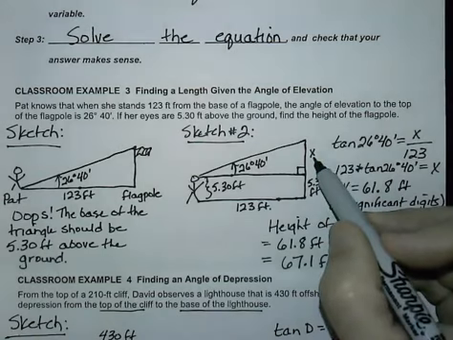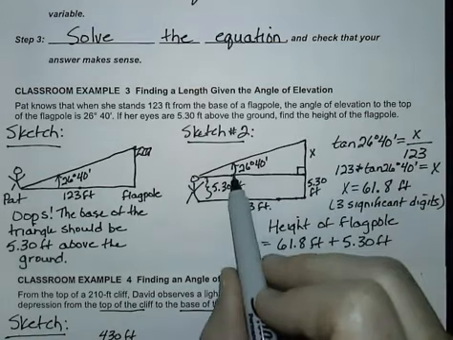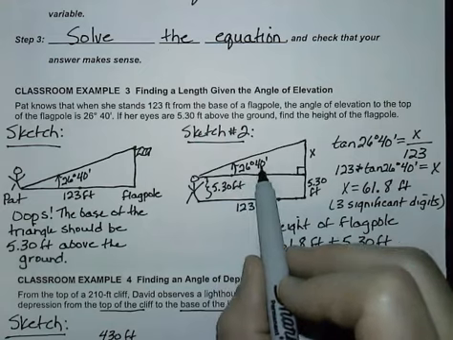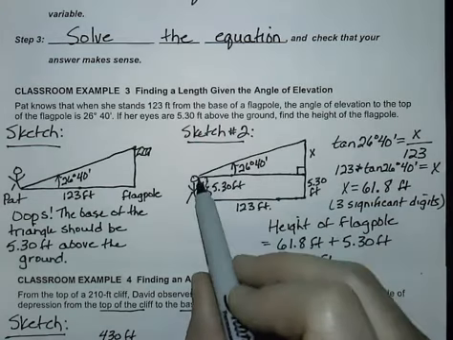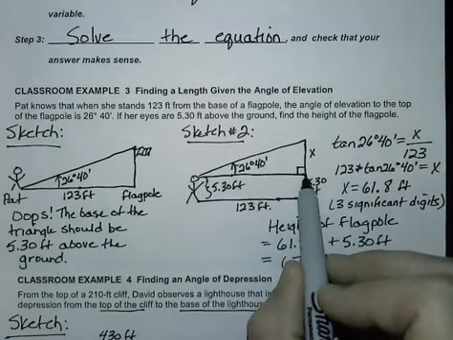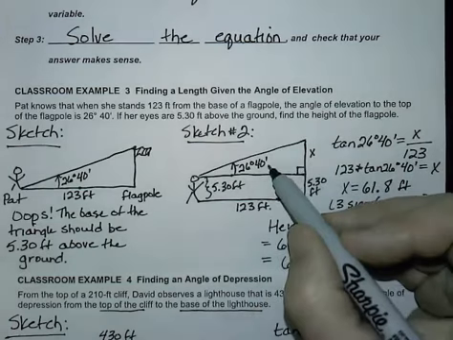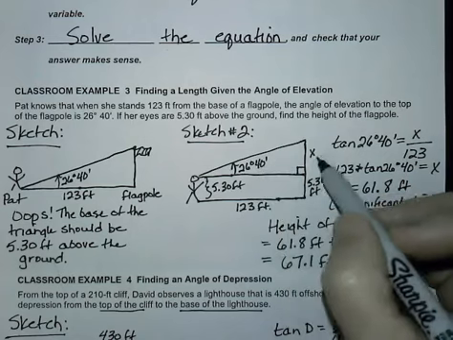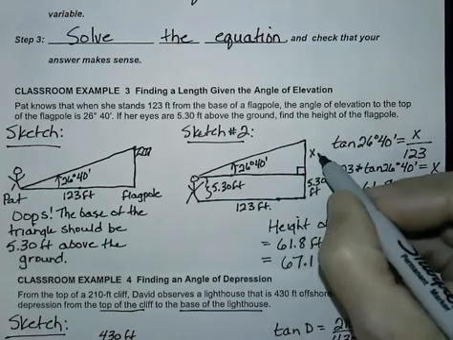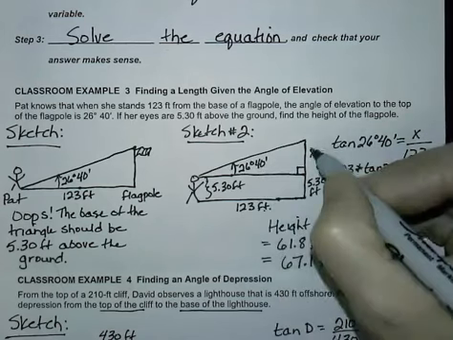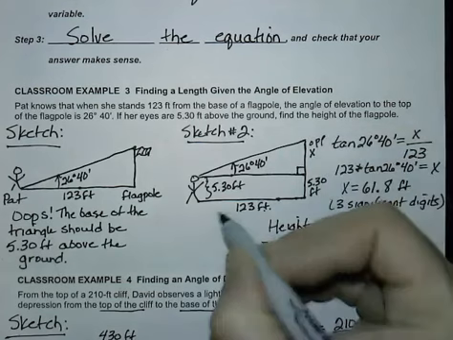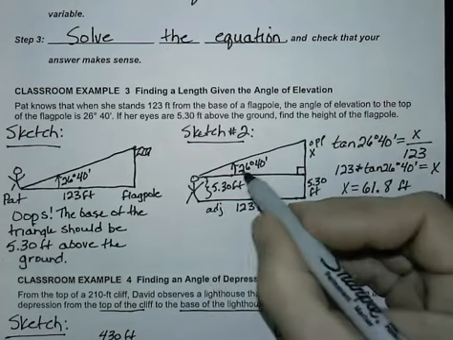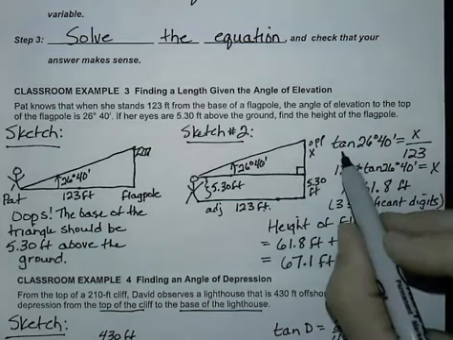But first I need to solve for x. Looking at the quantities that I know, the angle, and I know that the base of this triangle is 123 feet. The function that relates this distance and the angle is tangent, because tangent is opposite over adjacent, and this is the opposite and this is the adjacent for this angle.